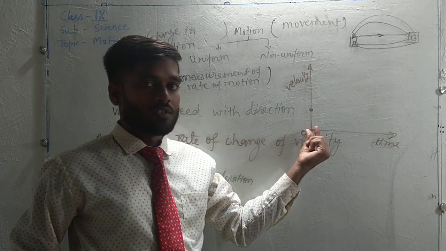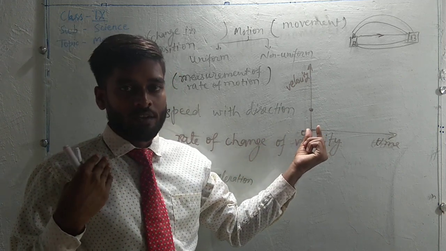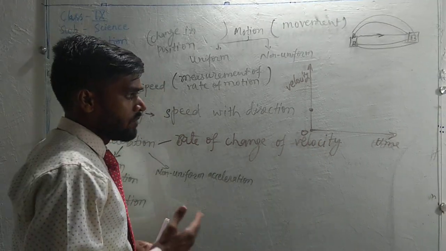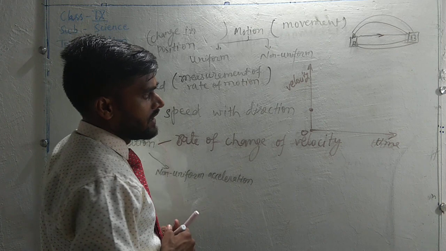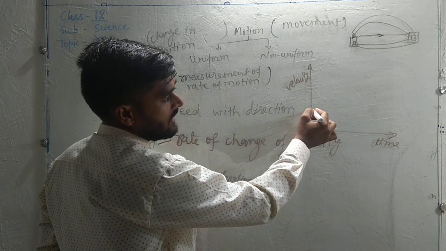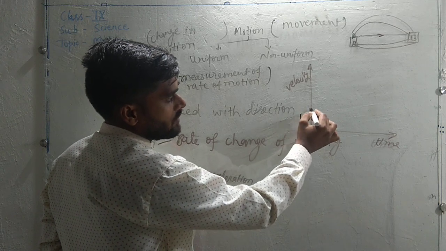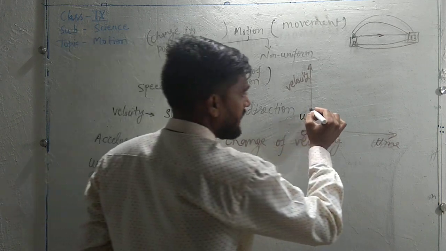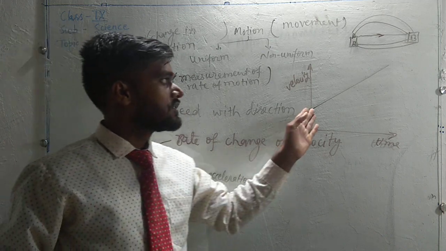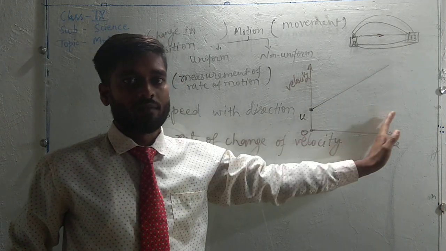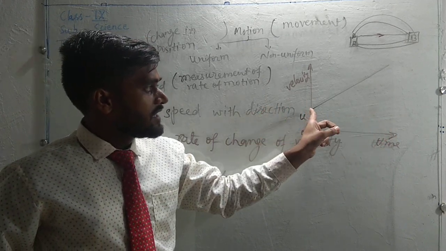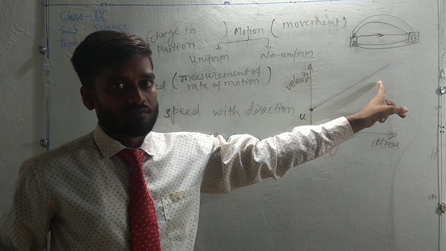The object was in motion, but we were not observing it. When we started observing, it was moving with some velocity, let it be u, and after that it continues to be in motion and its velocity increases as time increases. So with increasing time, its velocity is increasing.